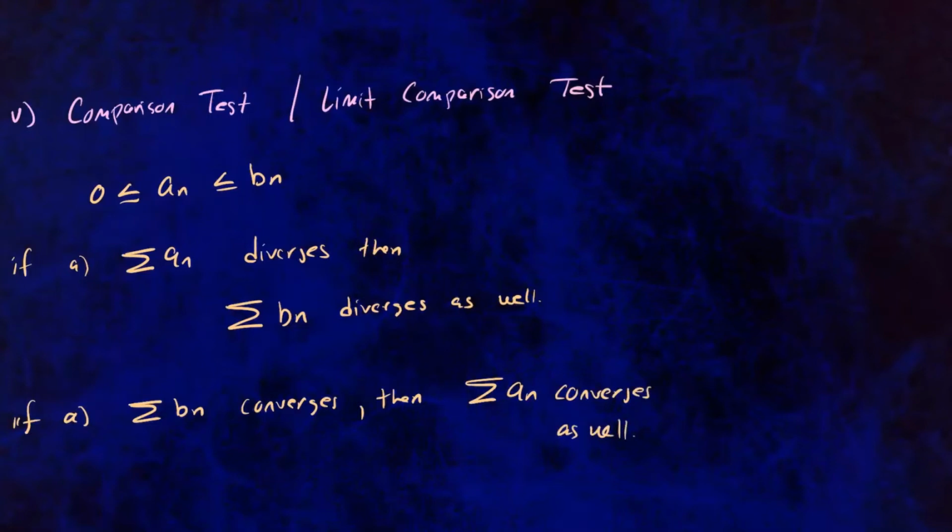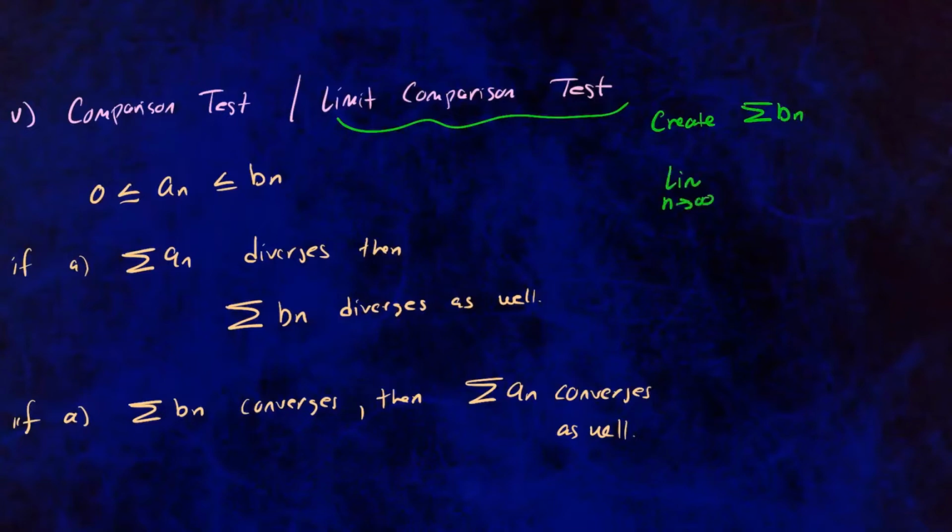For the limit comparison, well, you construct a sequence b_n, and then you do the sum. So you create a sum b_n, and then you take the ratio. So you do the limit as n goes to infinity of a_n over b_n.